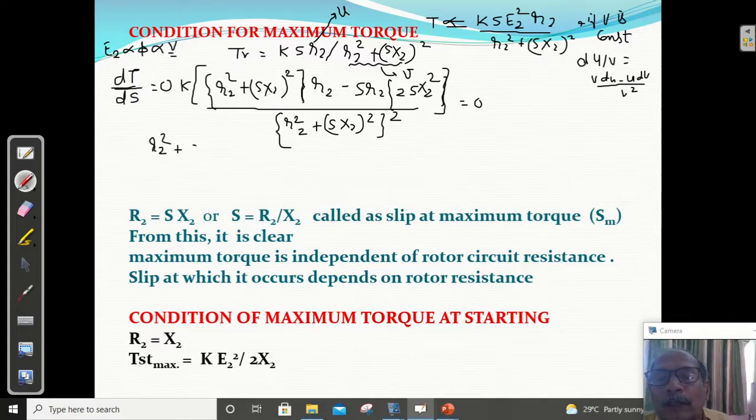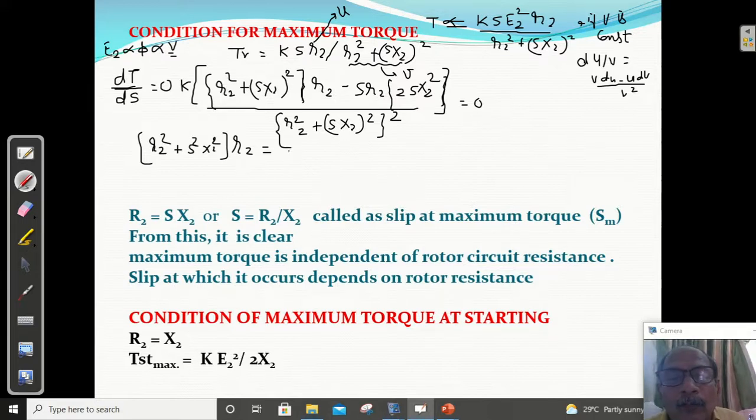R2 square plus S square x2 square, this into R2, equal to the second term. Because k becomes 0, first term minus second term equals 0, so first term equals second term.